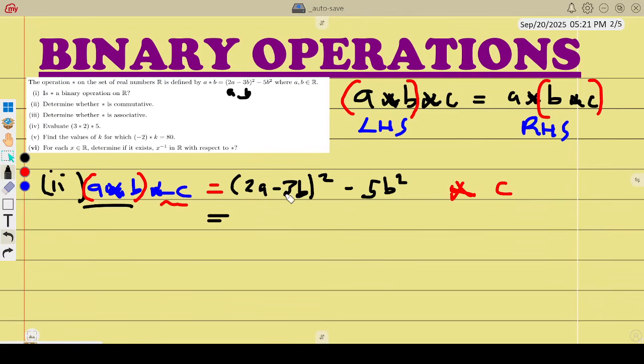So we can simplify this part. We're going to have 4A squared minus 12AB plus 9B squared. When we expand this, we get that, and then we have minus 5B squared.